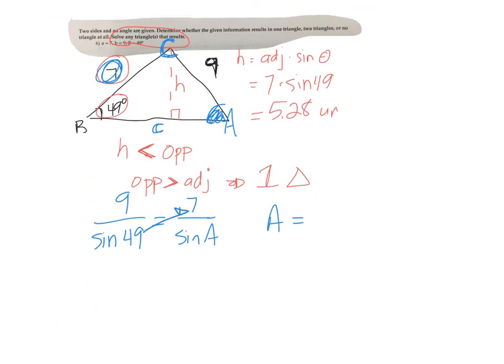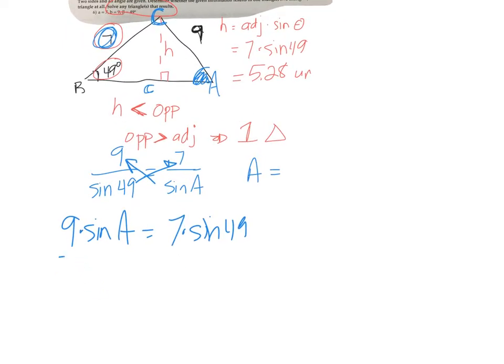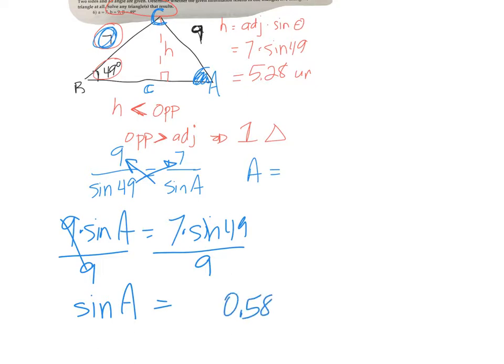Let's cross multiply. 9 times the sine of A equals 7 times the sine of 49. We'll divide both sides by 9. So let me put all of this into my calculator, and I get 0.586996.